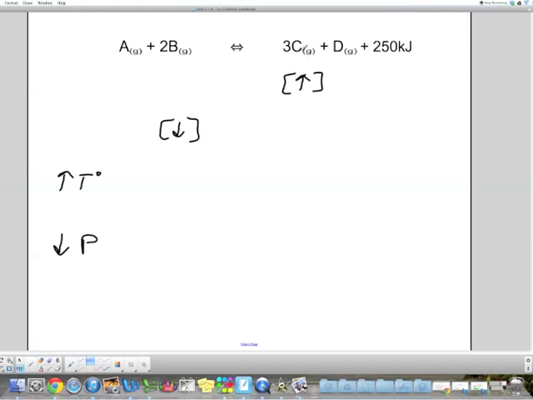There's too much C. So my system wants to get rid of it. It'll favor the reverse reaction to get rid of it, which means that ultimately this will go down. This will go down because they're being consumed, which will translate into an increase of B and an increase of concentration of A. So that's the first example.